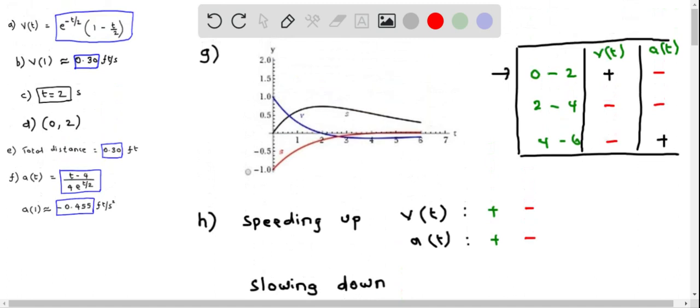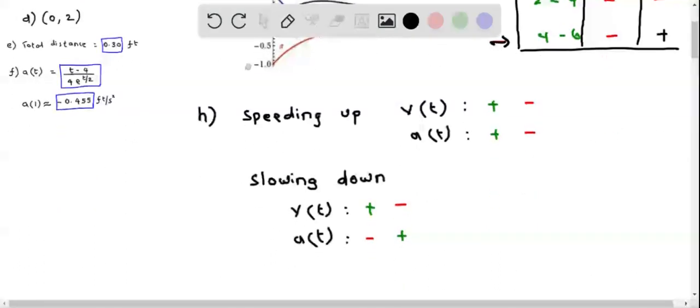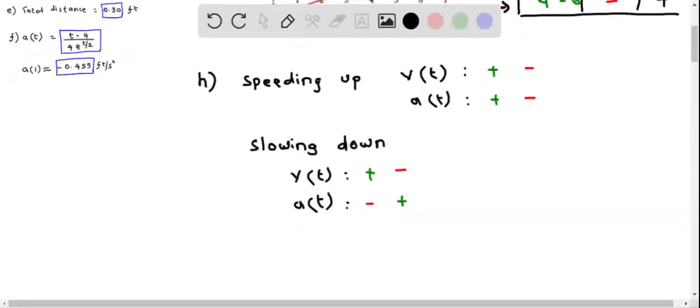So therefore, from the table, we can see that in these two intervals, from 0 to 2 as well as from 4 to 6, the velocity and acceleration have opposite signs. So the particle is slowing down in the interval 0 to 2, and also from 4 to 6.